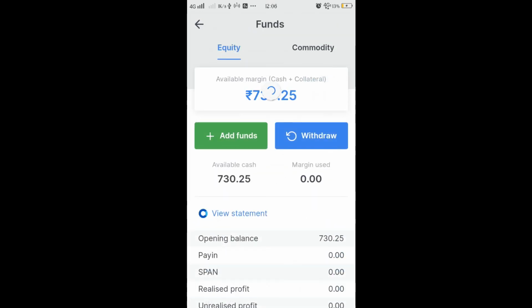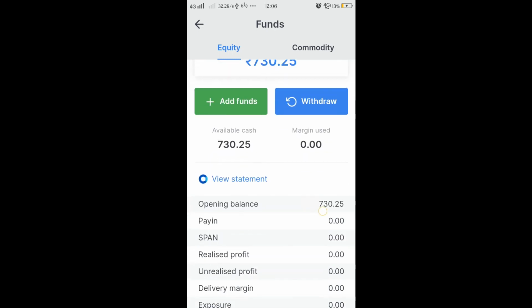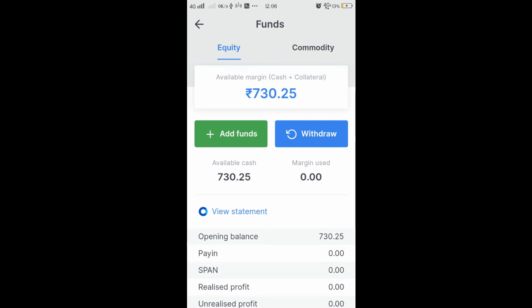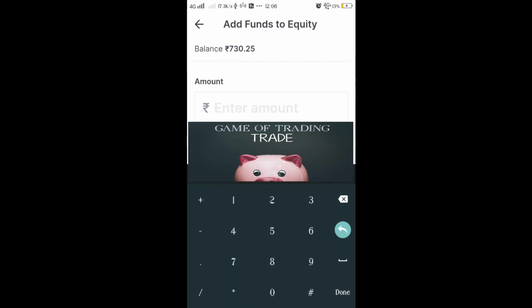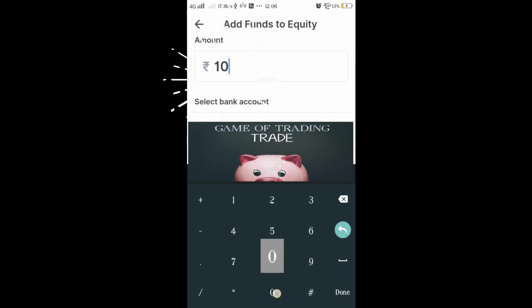It's just 730 rupees, and I'm going to add 1000 today for live proof for beginners. Through UPI I'm adding, entering 1000.